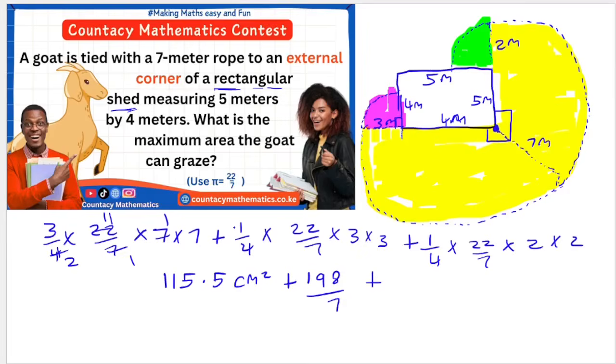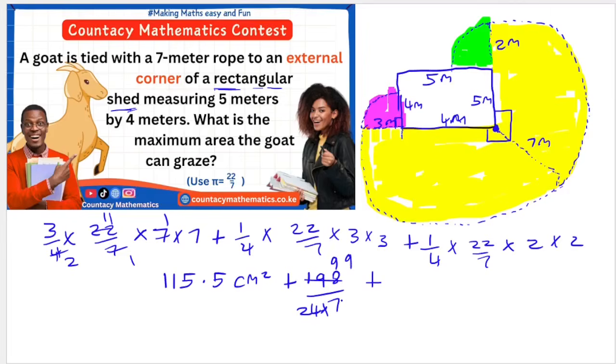Oh yeah, remember that this one you have also to multiply by 1 over 4. So we have also 4 times 7 over here. I believe we can simplify this. 198 divided by 2, what do we get? 99. And 4 divided by 2, we get 2.